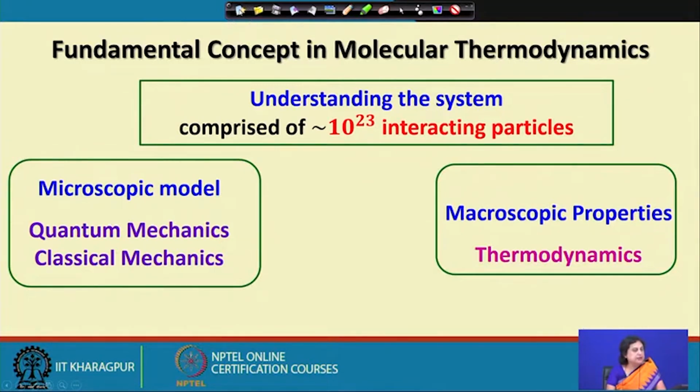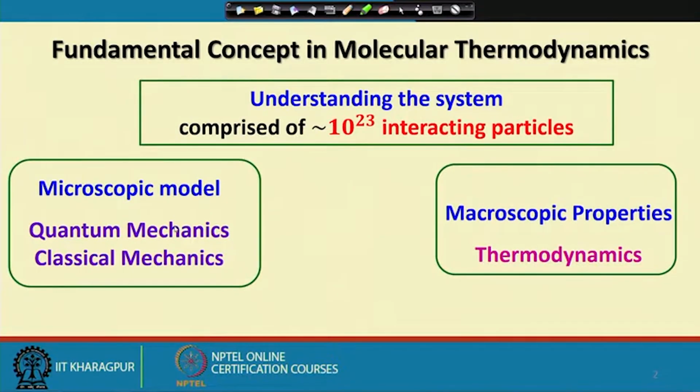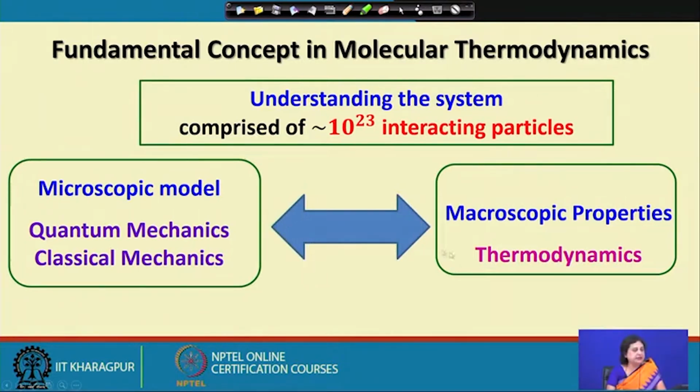But in today's class, we are going to concentrate on developing the microscopic model of a system in terms of quantum mechanics, and in the third part of this course, we will see how statistical mechanics connects these two extreme descriptions.